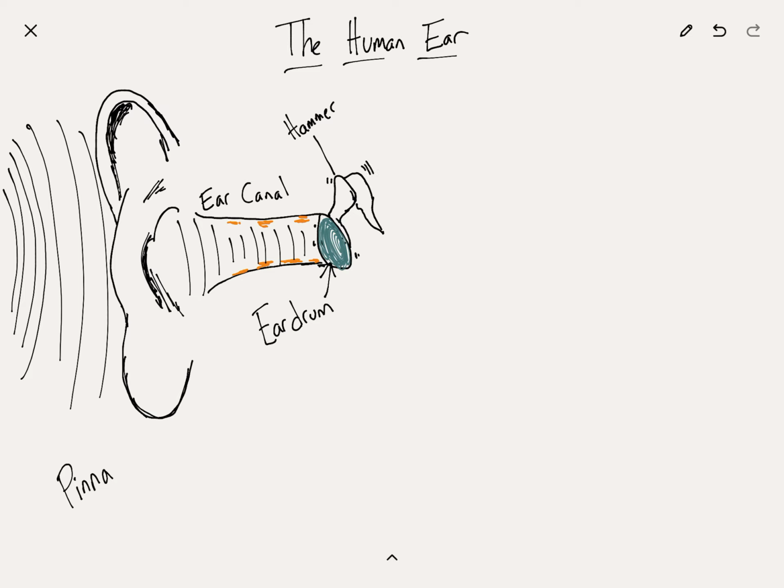Okay, and the third bone is called the stirrup, and the stirrup is basically very similar to the stirrup on a saddle. It's the place where you would put your foot if you were riding a horse with a saddle. And so obviously you can see it goes from 2 little wiggles to 3 little wiggles, and then we'll have 4 little wiggles here because this one is really vibrating.